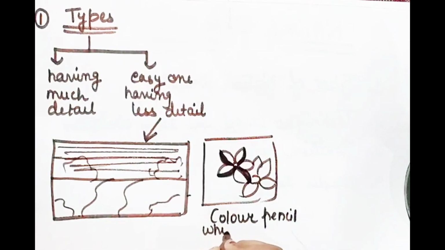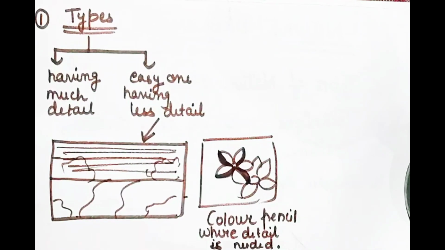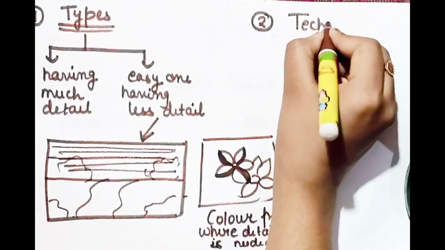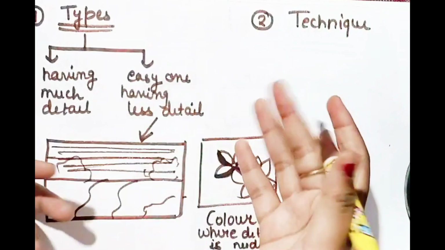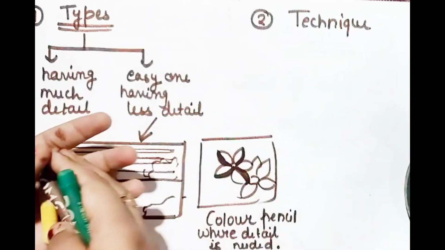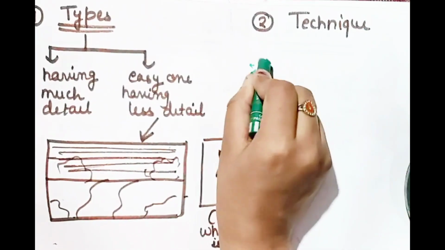Now if you don't want to add much detail with oil pastels, you can just go for color pencils also. It's a tip for you that you can go for color pencils wherever you feel that, oh, here I have not put much color and I wanted it to be fine. So you can go for color pencils because they are fine and can give the effect very easily.